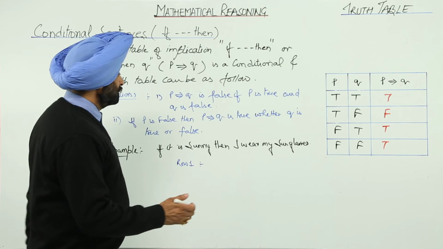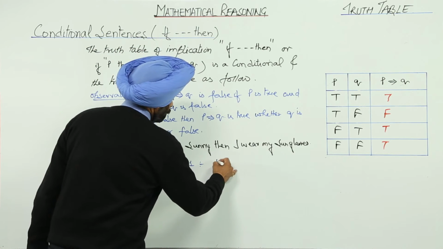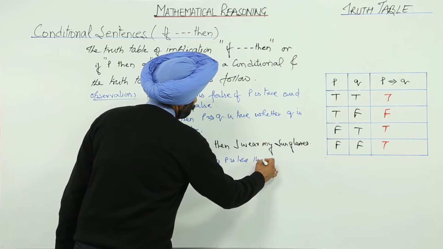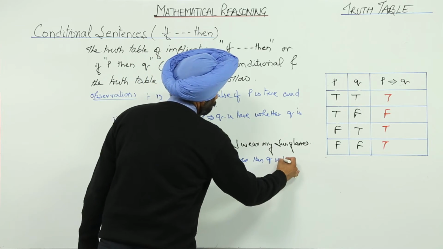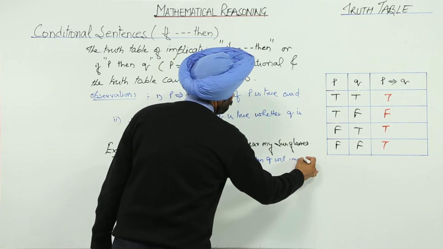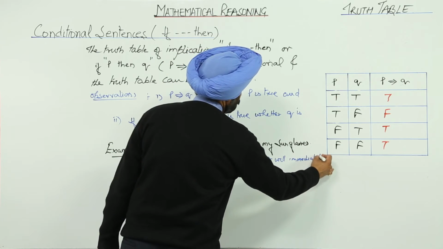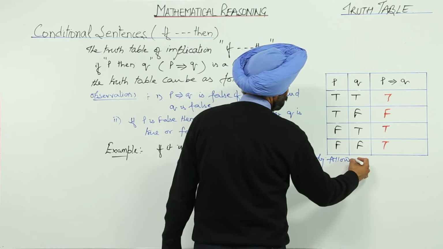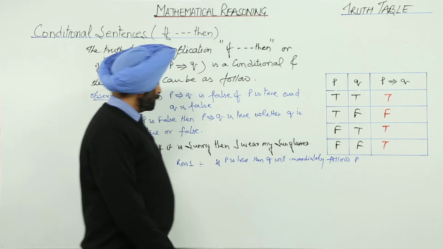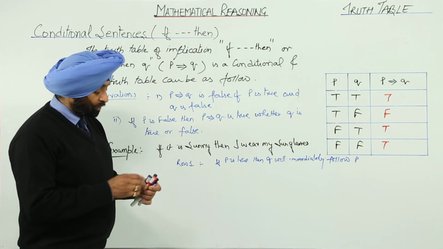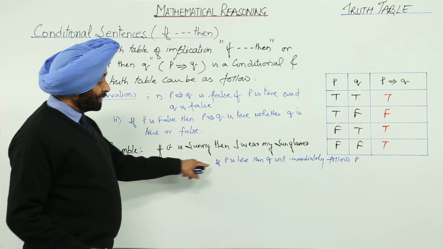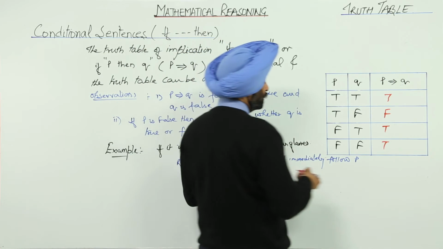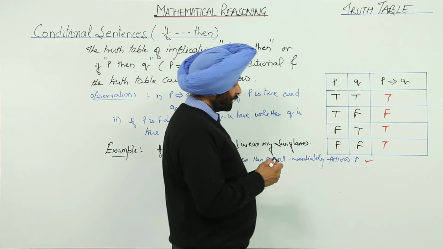So if P is true, then Q will immediately follow P. P is true means it is sunny, and I wear my sunglasses, so the first row is true.